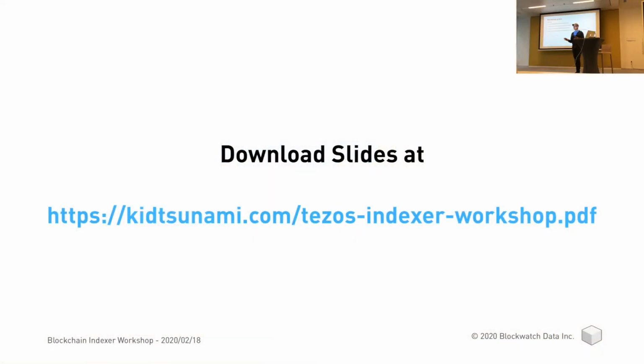Brief agenda and brief goals. I want you to learn a couple of things today. The first thing I will go into is that I'd like you to understand what an indexer does, and also when you should use an indexer and when you shouldn't. That's the first goal.